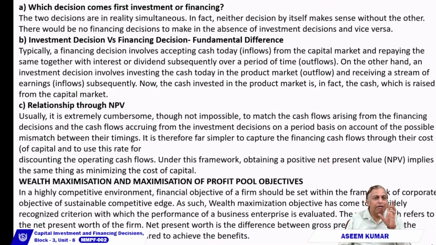In reality, the two decisions are simultaneous. In fact, neither decision by itself makes sense without the other. There would be no financing decision to make in the absence of investment decisions and vice versa.